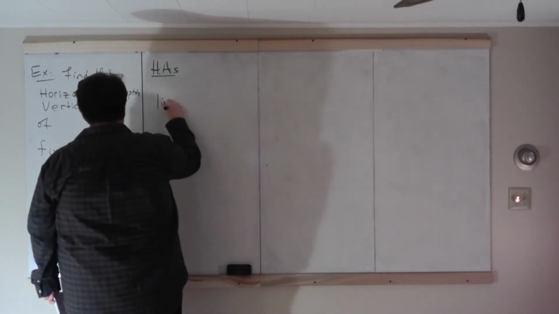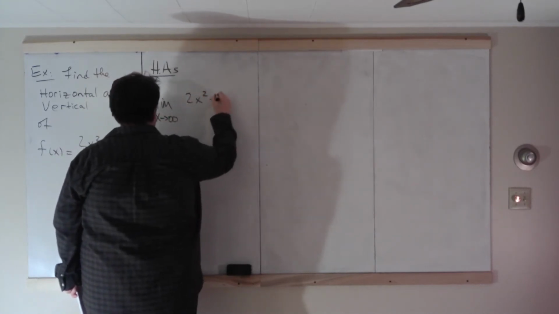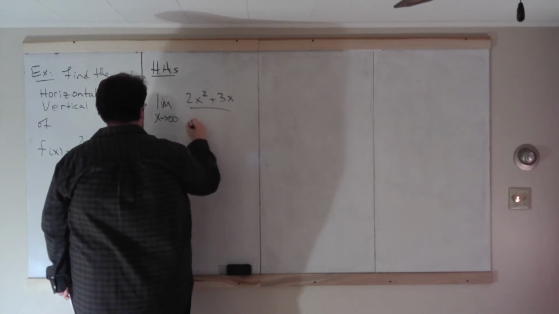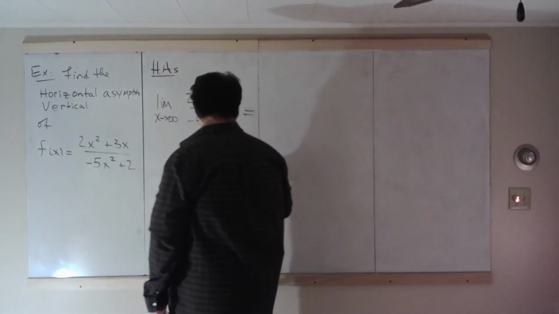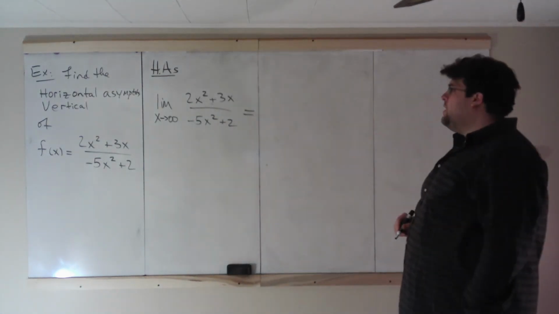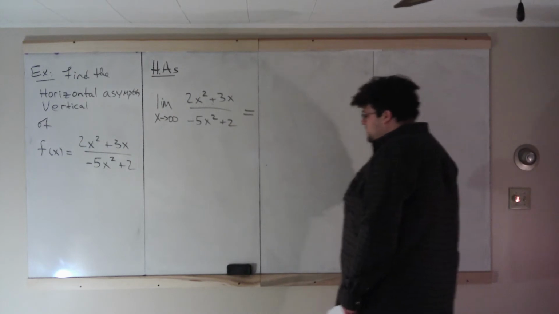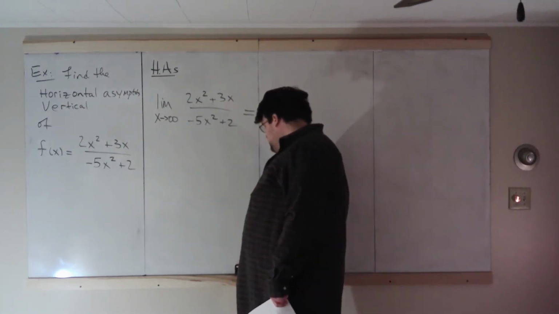We need the limit as x goes to infinity of our function. As x goes to infinity, a polynomial, I guess we didn't really discuss this in detail. We did kind of mention it a little.